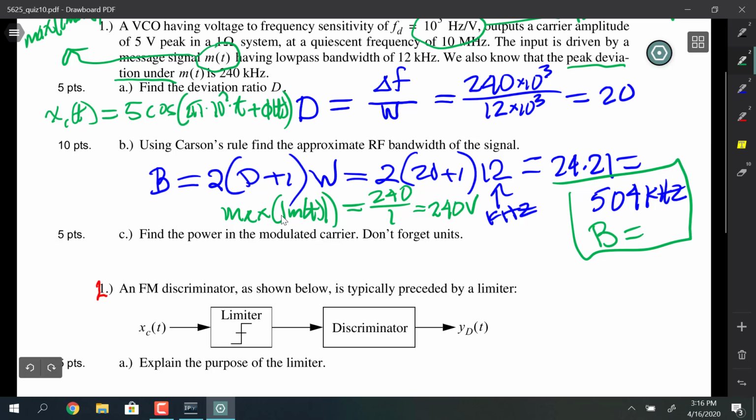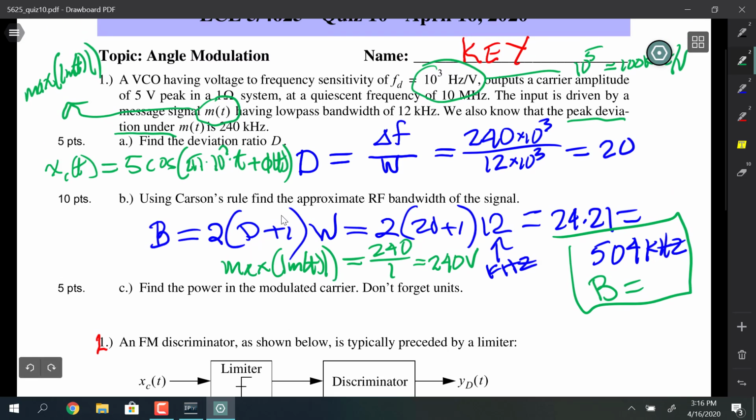Now, to work part C, we just need to find the power in the carrier, and we're assuming it's a 1 ohm system, and we know it's got a 5 volt peak. So that's the easiest part of the three little parts here.